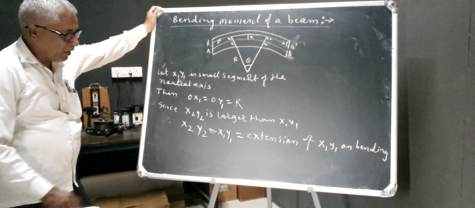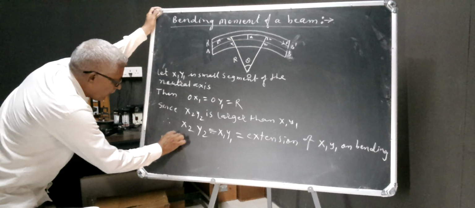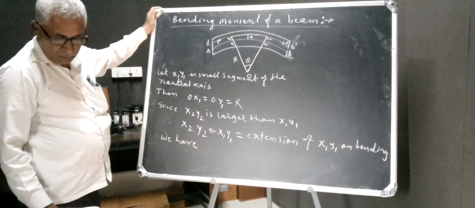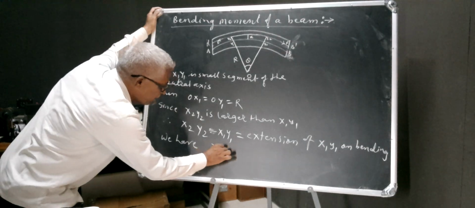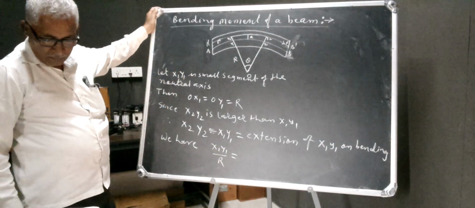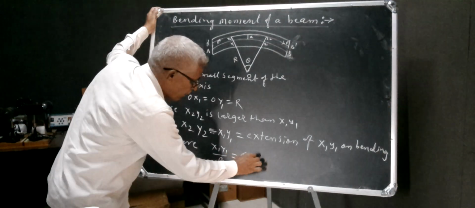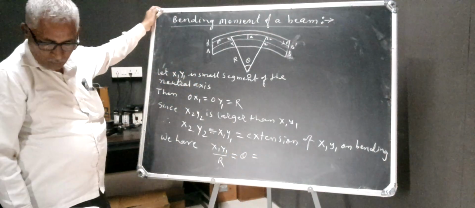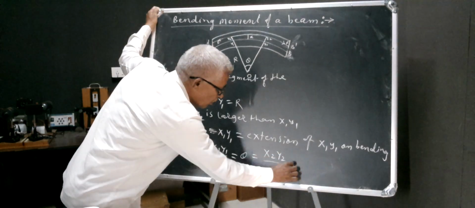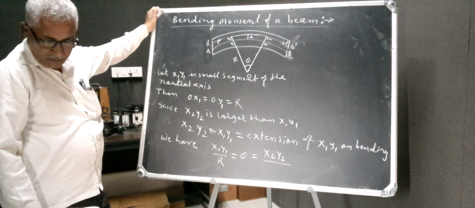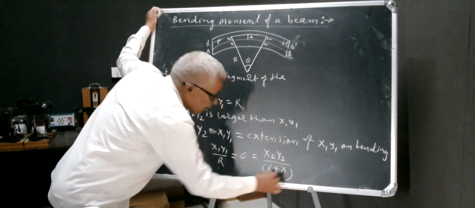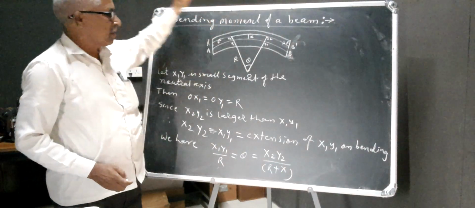Therefore we have x1 y1 upon r equals theta, equals x2 y2 upon this radius plus this distance x.